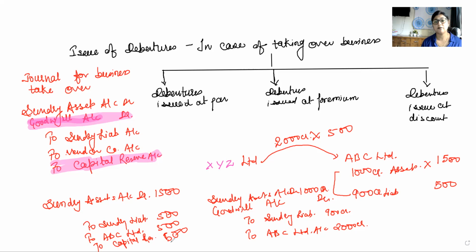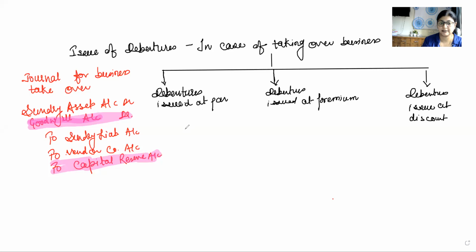Now I'll tell how do we pass the entries related to issue of debentures. So when we have to issue the debentures at par, at premium or at discount, how do we do it? Let's see. When we have to pass the issue of debenture entry, always vendor company will be debited, and the percentage debenture will be credited.